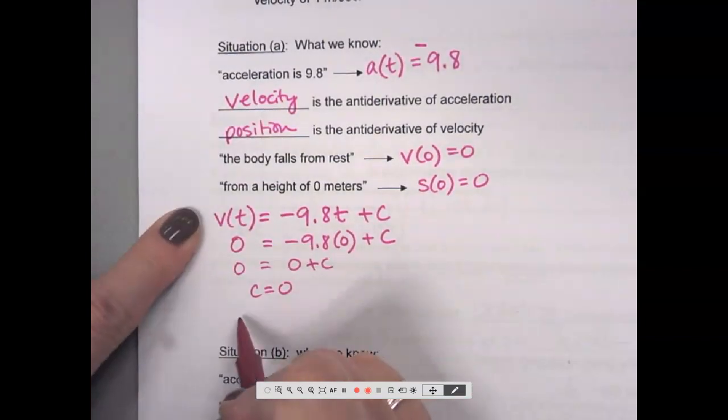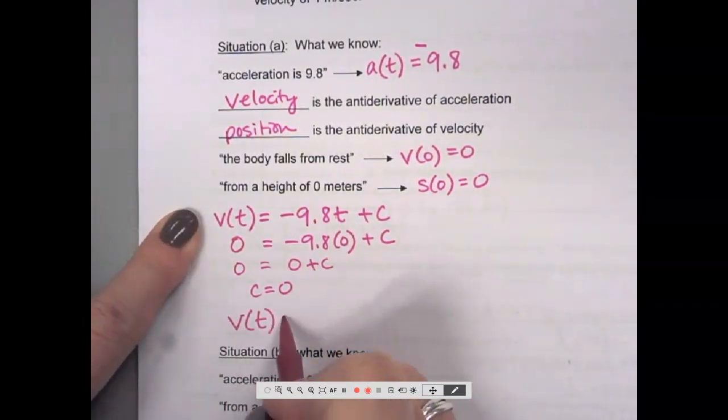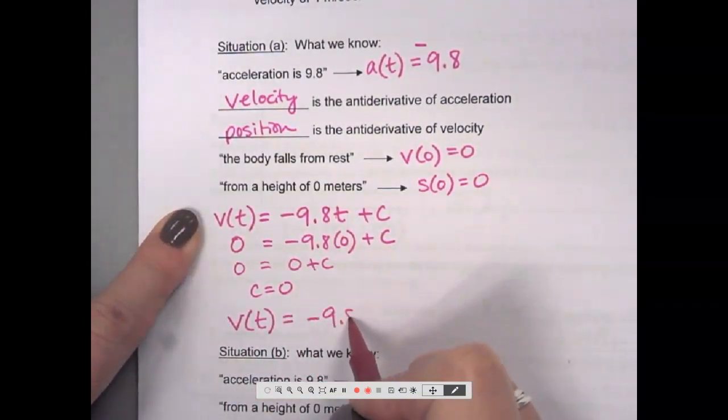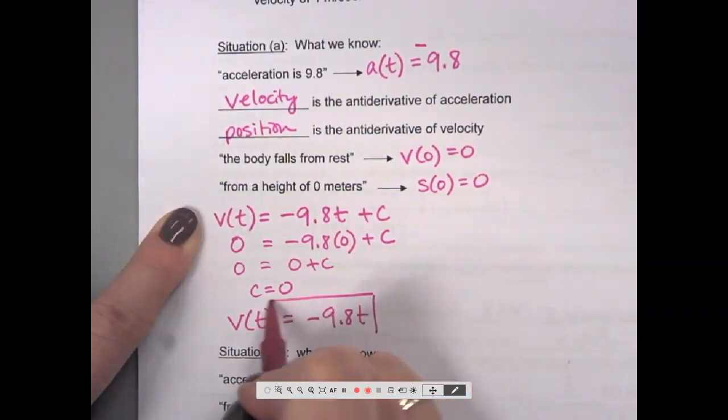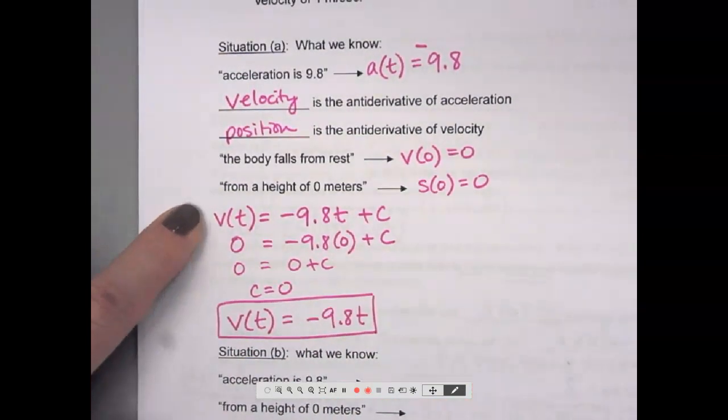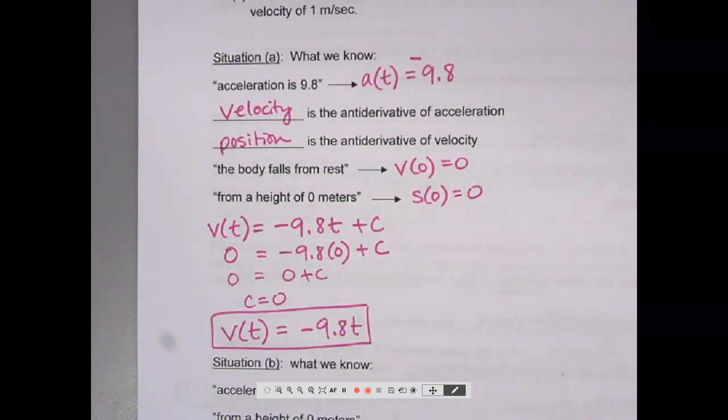So what that tells me is my velocity function is just negative 9.8 t with no constant, or a constant of 0. Everybody okay with that?